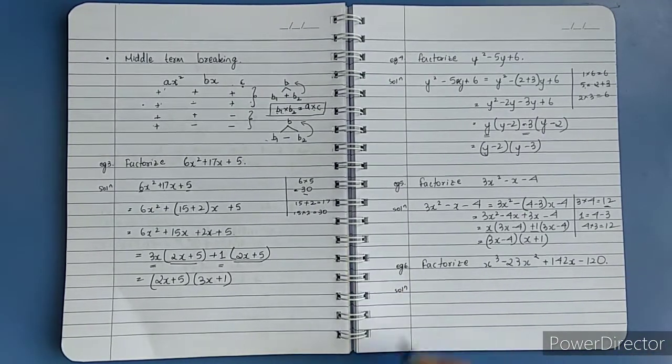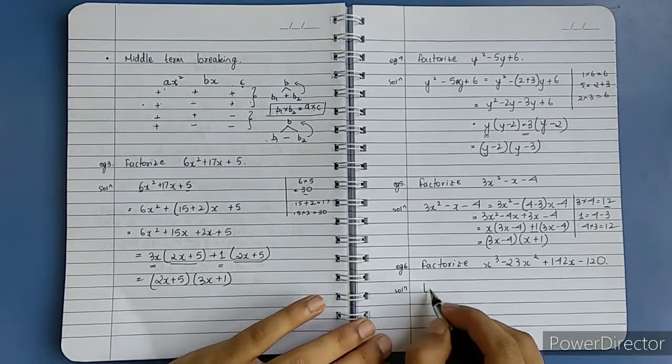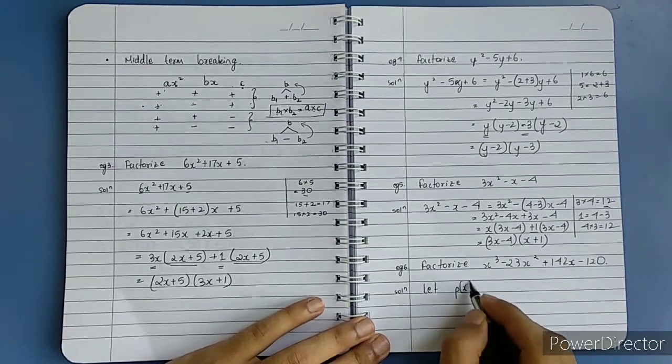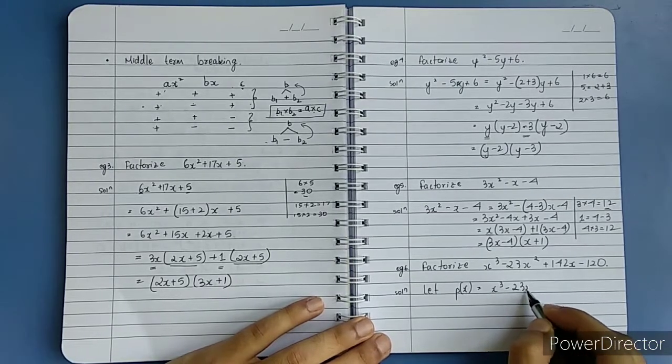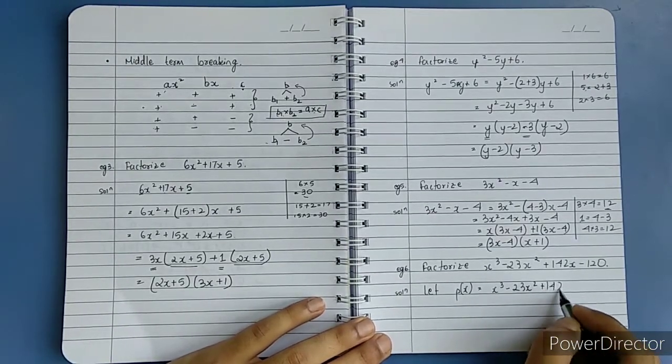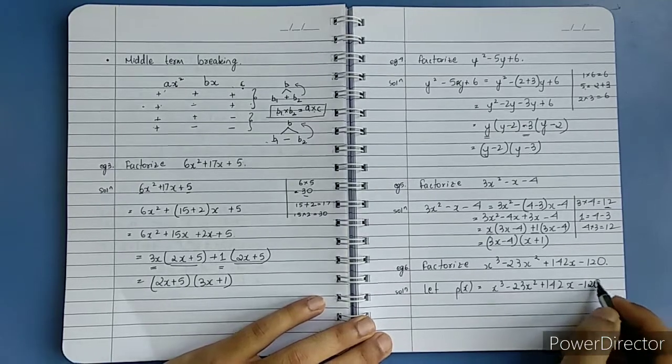Solution. Okay. So first of all, we'll assume this as p of x, is equals to x cube minus 23x square plus 142x minus 120.